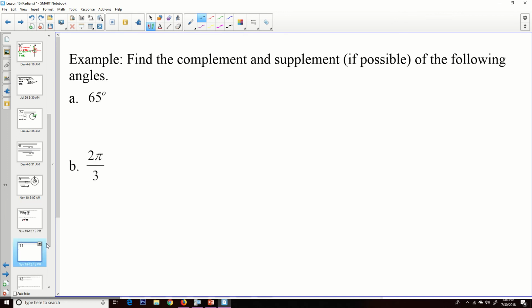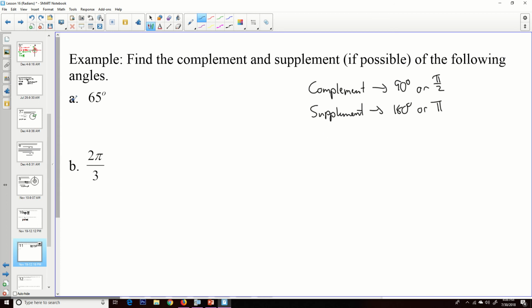All right. Find the complement and supplement, if possible, of the following angles. So complements are two angles that add up to 90 degrees or pi over 2. And then supplements, that's going to be 180 degrees or just pi.